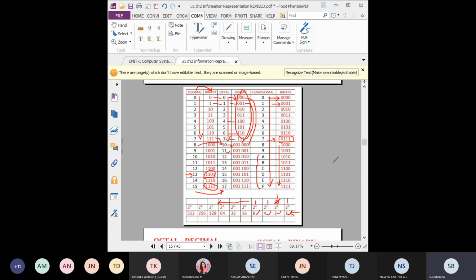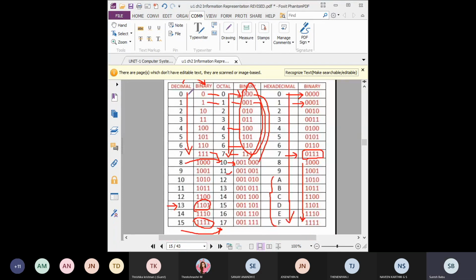I shared this material with you, so kindly practice. For example, I will tell you one thing. This 0 to 16 numbers I gave, only 16 numbers, 0 to 15. Everything you know the equivalent value.